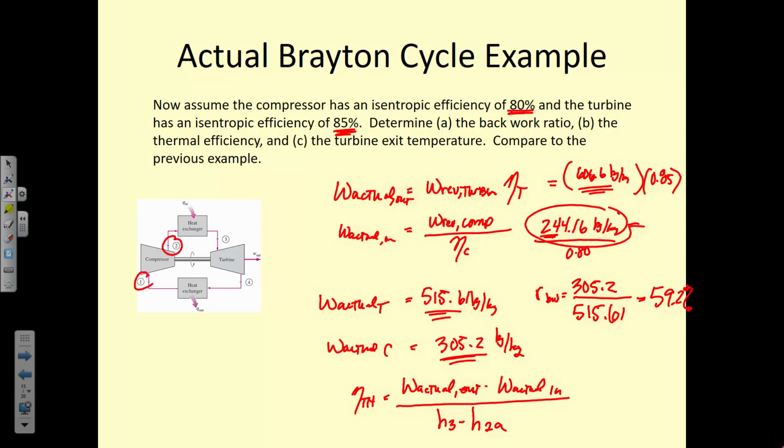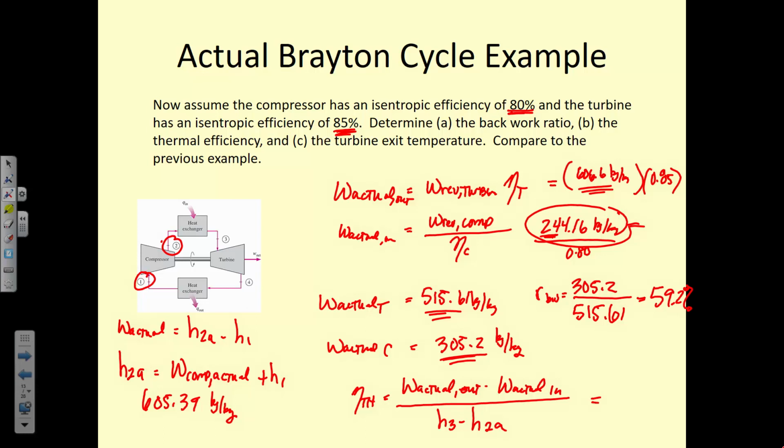If we want to find the actual work of the compressor, it's also equal to H2 actual minus H1. So we can solve for H2 actual, which is equal to the work of the compressor actual plus H1. So we find H2 actual is 605.39 kilojoules per kilogram.